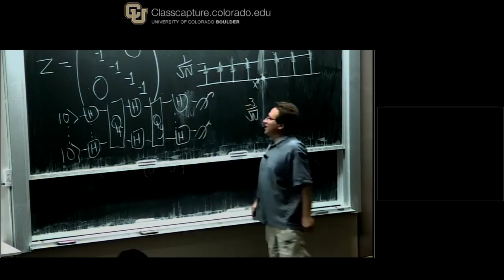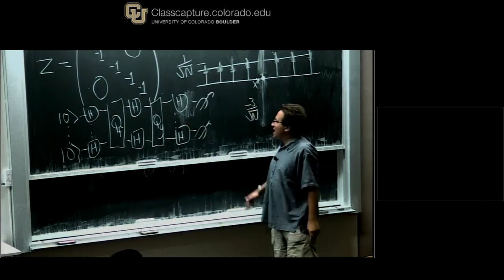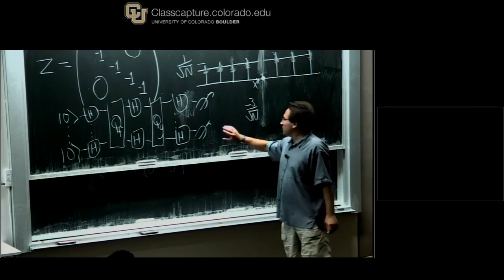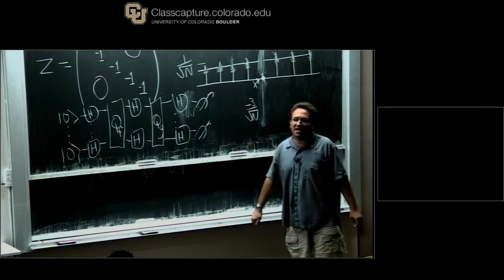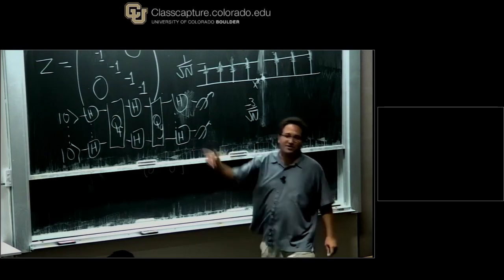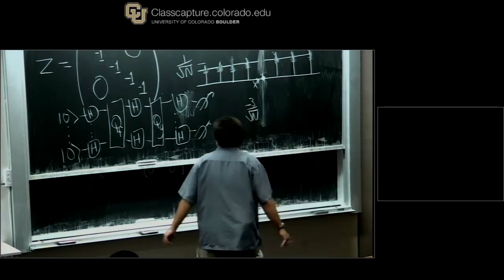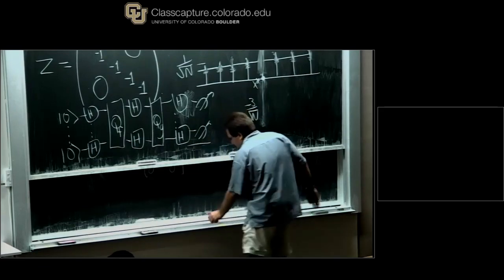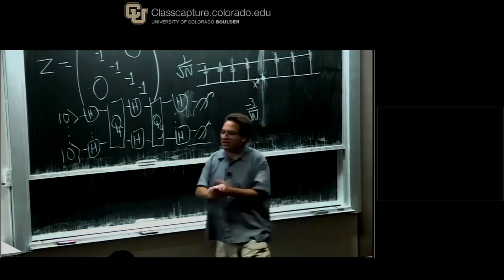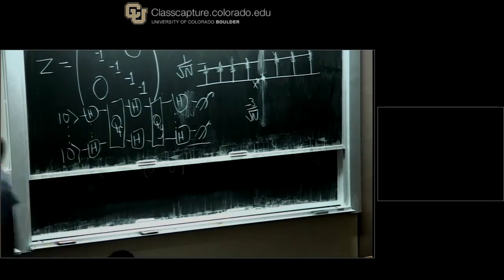Now, exercise for you. Show that the amplitude with which this circuit returns the all 0 state is precisely the correlation phi of f comma g, right? So just by seeing how likely it is that this algorithm gives you back the all 0 state, you tell whether f and g are correlated or they're not.